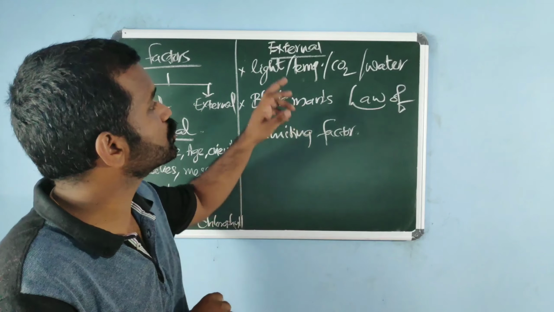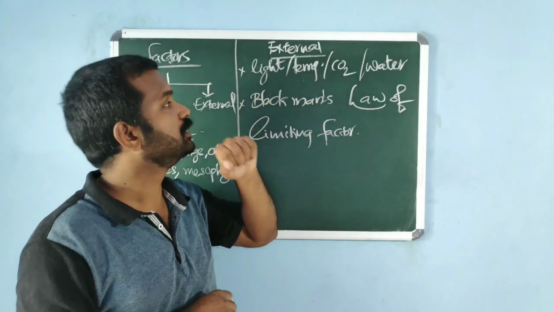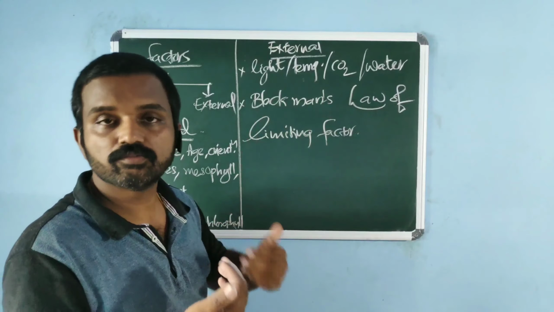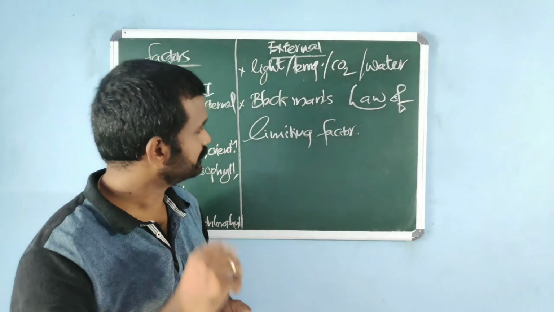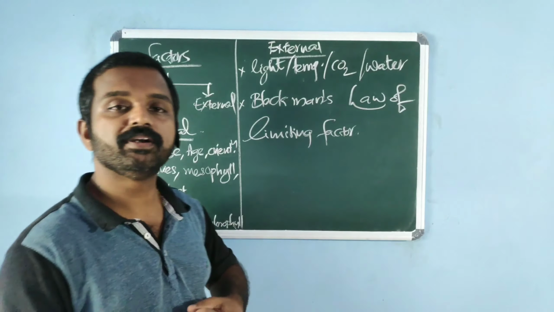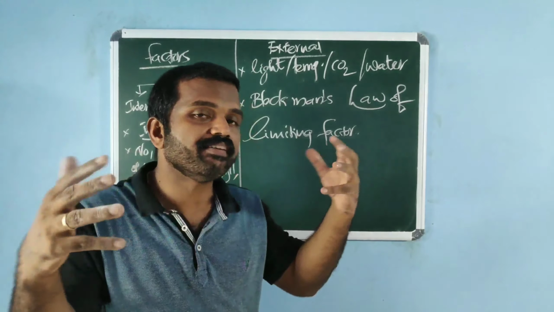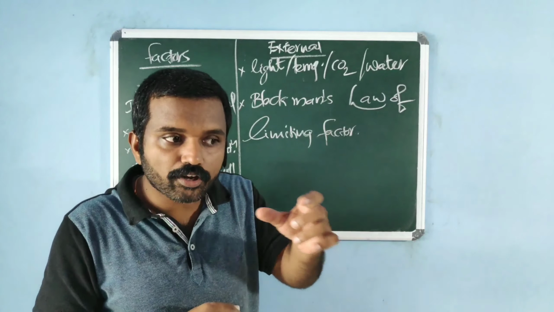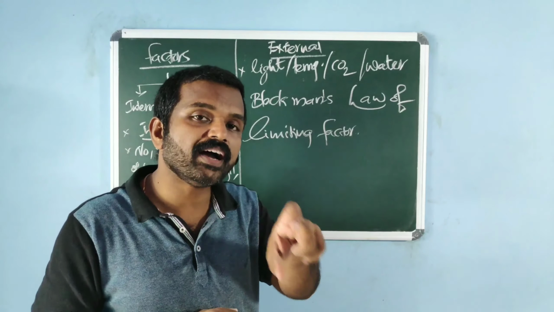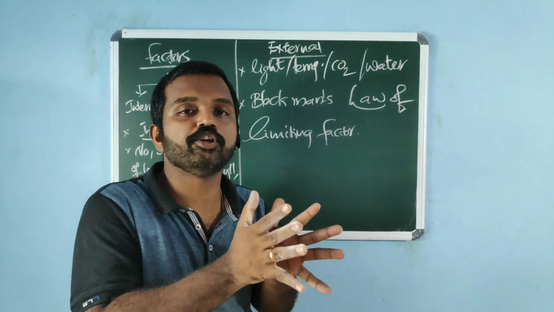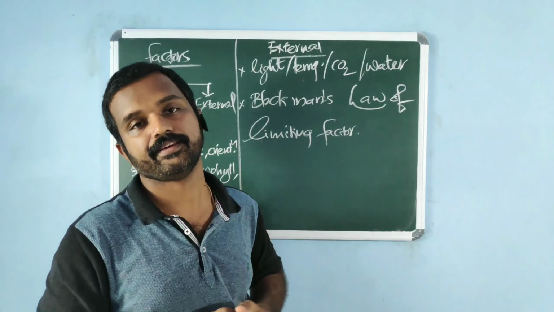External factors include availability of sunlight, temperature, carbon dioxide concentration, and water. Then, Blackman's law of limiting factor. That is, if a chemical process is influenced by many factors, then the rate of the process is determined by the factor which is nearest to its minimal value, present in least quantity.